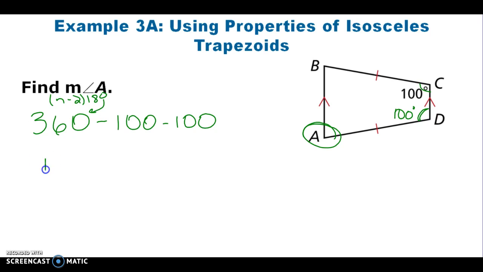So measure of angle A plus measure of angle B is equal to 160.